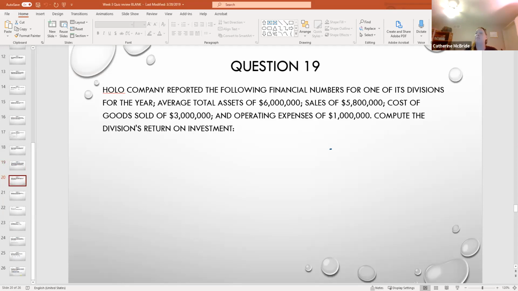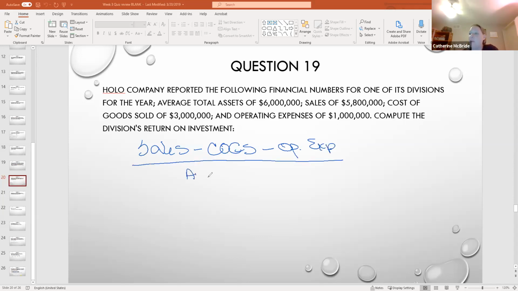Okay, 19. Compute the division's return on investment. So here, all we have to do is put in a formula. The formula for return on investment is sales minus cost of goods sold minus operating expenses divided by average total assets.